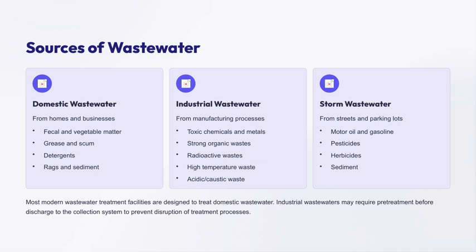Most modern wastewater treatment facilities are designed primarily to treat domestic wastewater effectively. However, because of the variety of pollutants from industrial and storm sources, additional steps like pretreatment are often necessary before these wastewaters enter the treatment plant. Understanding these different sources helps us appreciate the complexity of wastewater management and the importance of protecting our water resources.